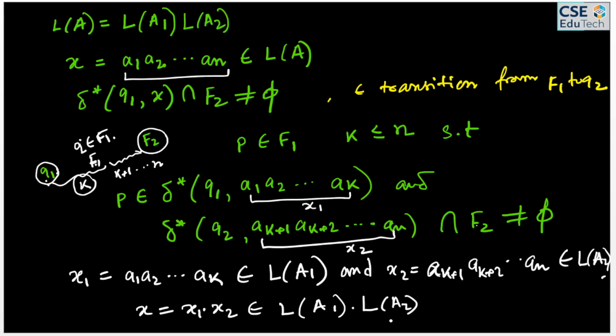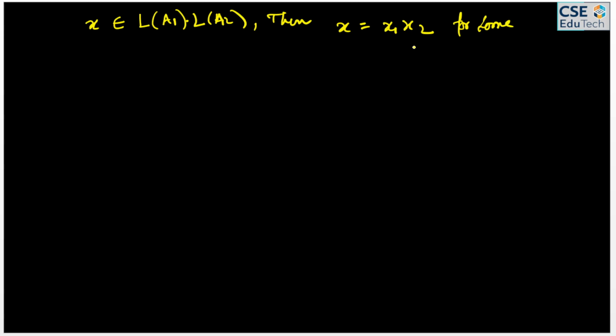Yeah. So alternatively, we can say, suppose x belongs to the language accepted by A1, A2. Then x is equal to, suppose, x1 x2 for some x1 which belongs to the language accepted by A1, and x2 belongs to the language accepted by the A2 machine or A2 automaton.